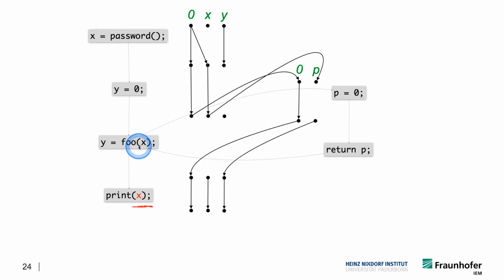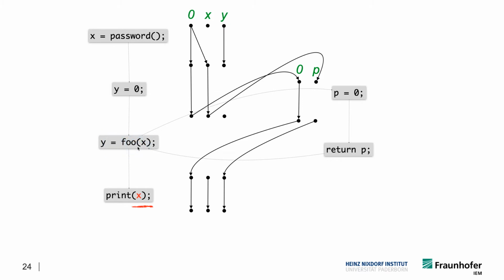This is because the call to foo doesn't really change anything with respect to x. It does change something with respect to y, but not with respect to x. But here we neglected to keep alive the value of x, so we did not put any edges here. And therefore x is killed, although it shouldn't be, because this procedure call has no effect on x.